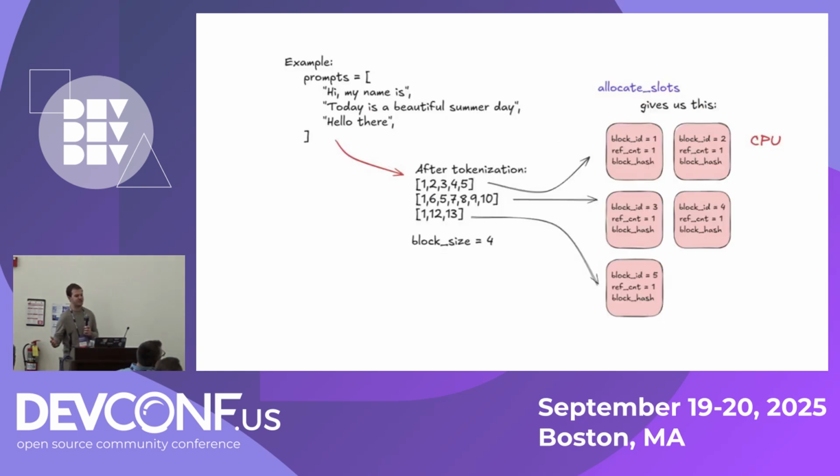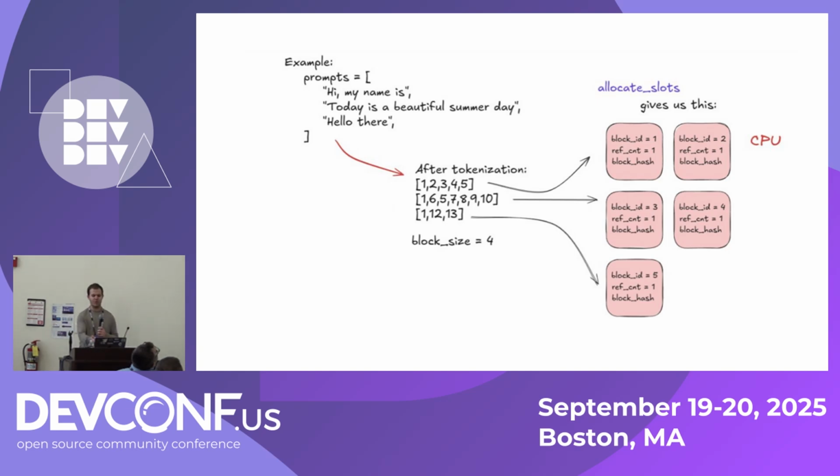When a prompt comes in, effectively what happens is we take the prompts and tokenize them into their actual indexes that get passed to the model. So if we have "hi, my name is," this can be tokens 1, 2, 3, 4, 5. Inside of the VLM scheduler, we take blocks from that free block pool and allocate them to individual requests.